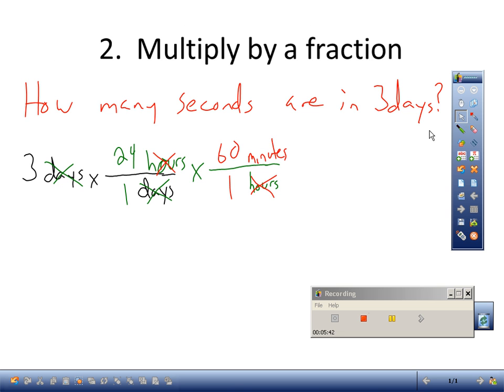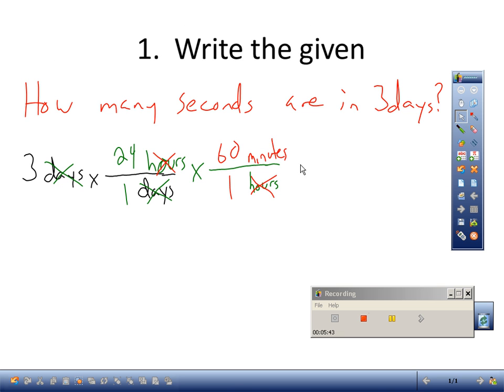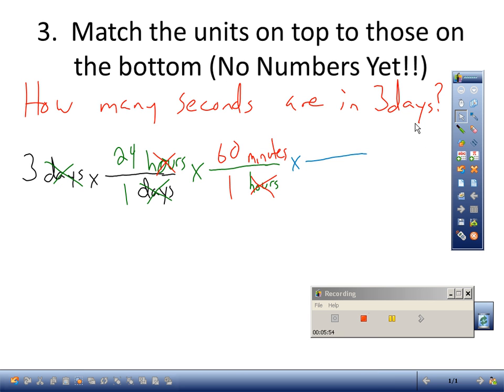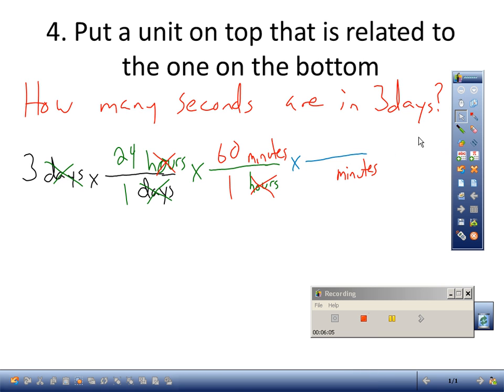So I'm going to go back to rule number 1. Write the given. It's written. Rule number 2, multiply by a fraction. Rule number 3, match the top units with the bottom units. I have minutes up here. I'll put minutes down here. Step 4, put a unit on top that is related. Well, I'm in minutes.